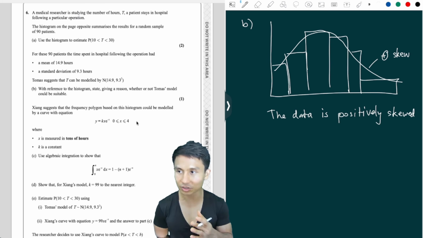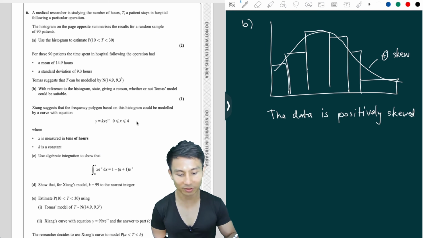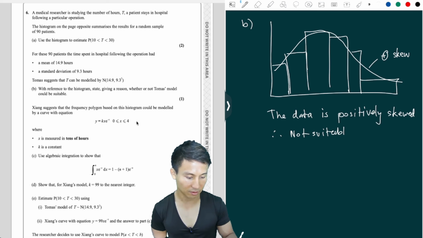If you are certain that it is positively skewed, you should say so. If you don't know and they don't look symmetrical, you just say the data is skewed, and then you say not suitable for normal distribution.